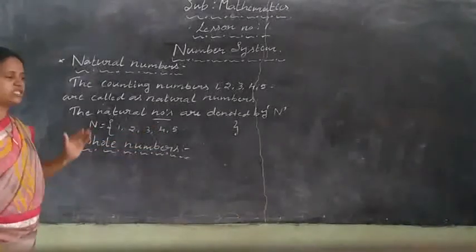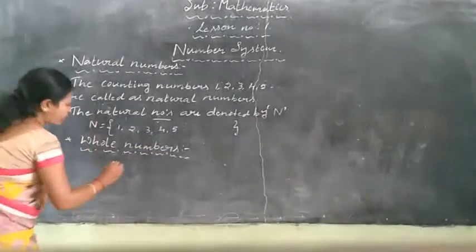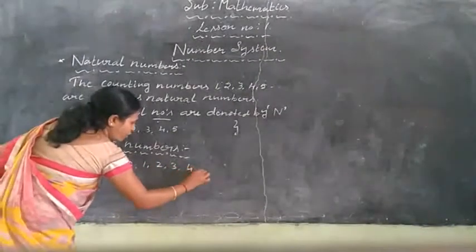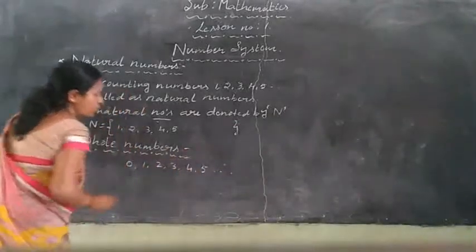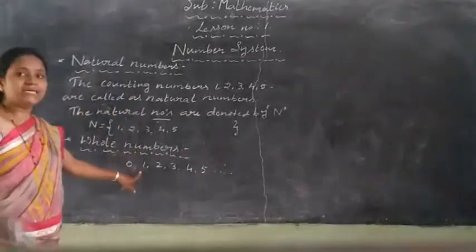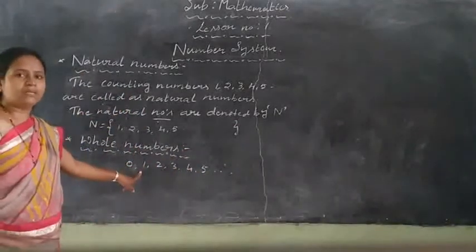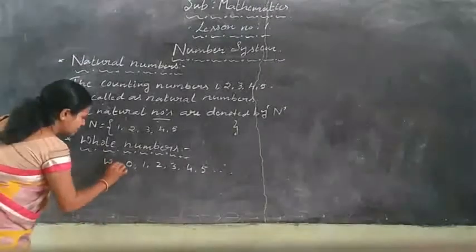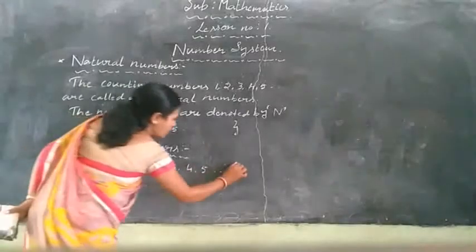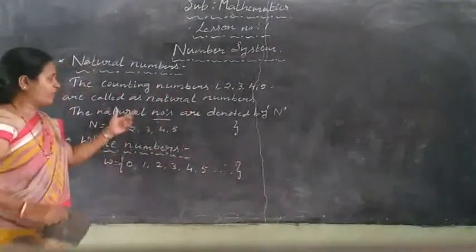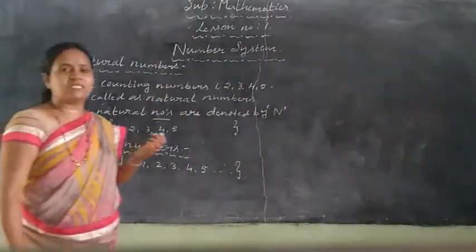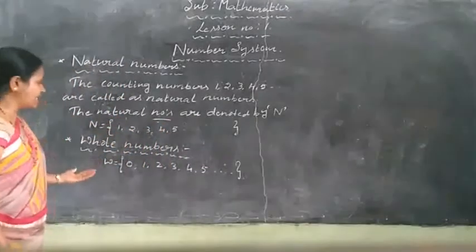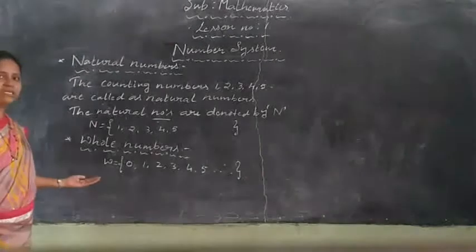In the case of whole numbers, children, it starts from 0, 1, 2, 3, 4, 5. So the natural numbers including 0 are called as whole numbers. The difference between natural numbers and whole numbers is that in natural numbers there will be no 0, whereas in the case of whole numbers there will be a 0.